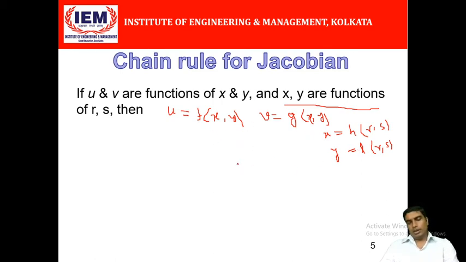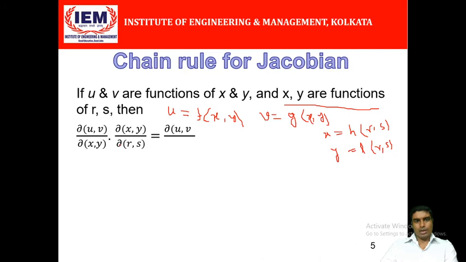Now the theorem is that the chain rule of this Jacobian is ∂(u,v)/∂(x,y) multiplied by ∂(x,y)/∂(r,s) equals ∂(u,v)/∂(r,s). So the middle terms basically cancel out, and only these two things remain. Okay, so remember this chain rule. Now from this relation we can get one corollary.